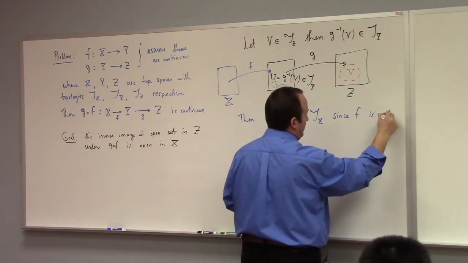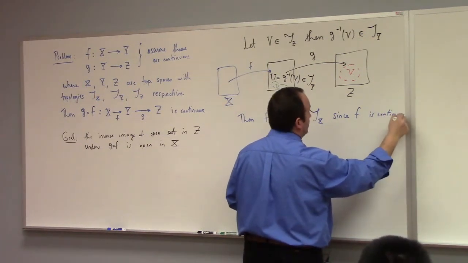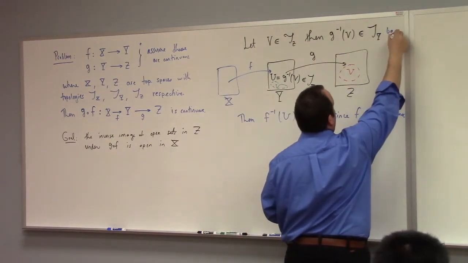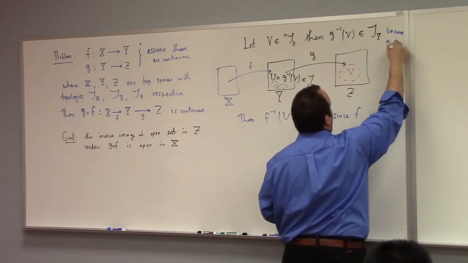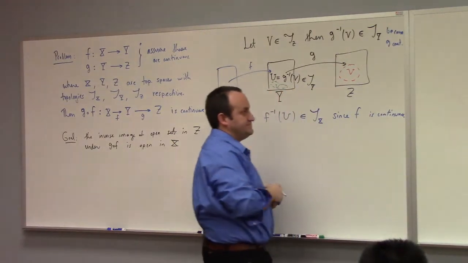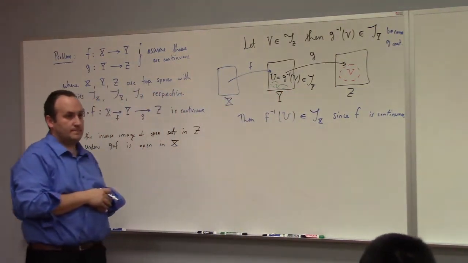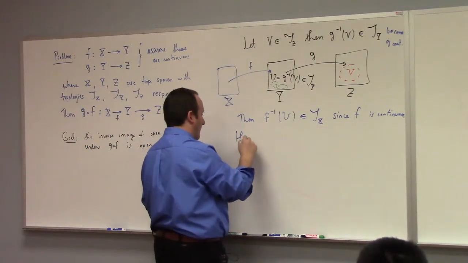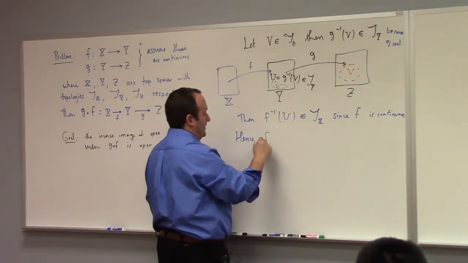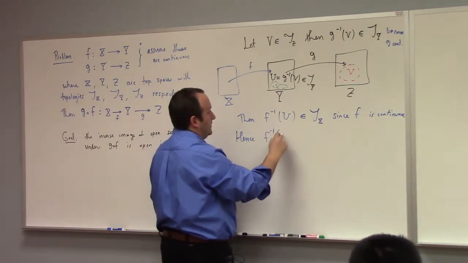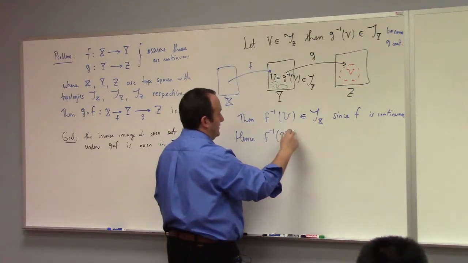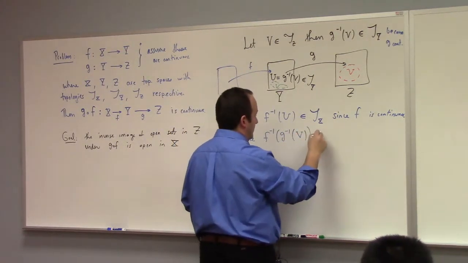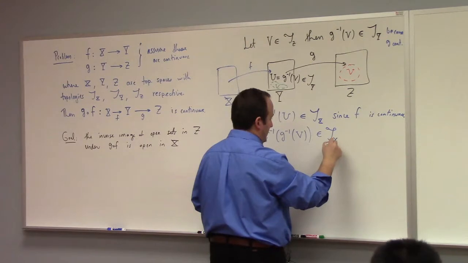I really should say, sorry guys, I said it in words, but I should really put up here because g is continuous. Hence f inverse of g inverse of V is an element of the topology on X.